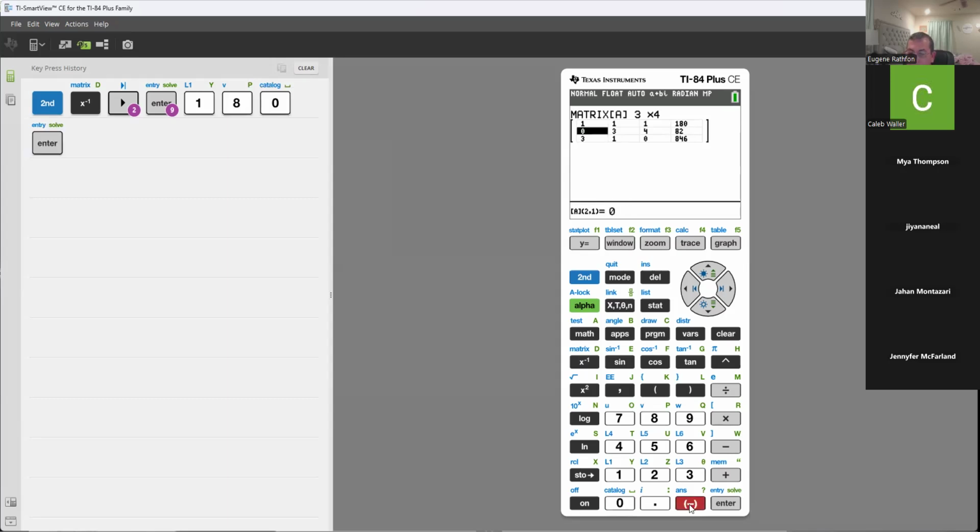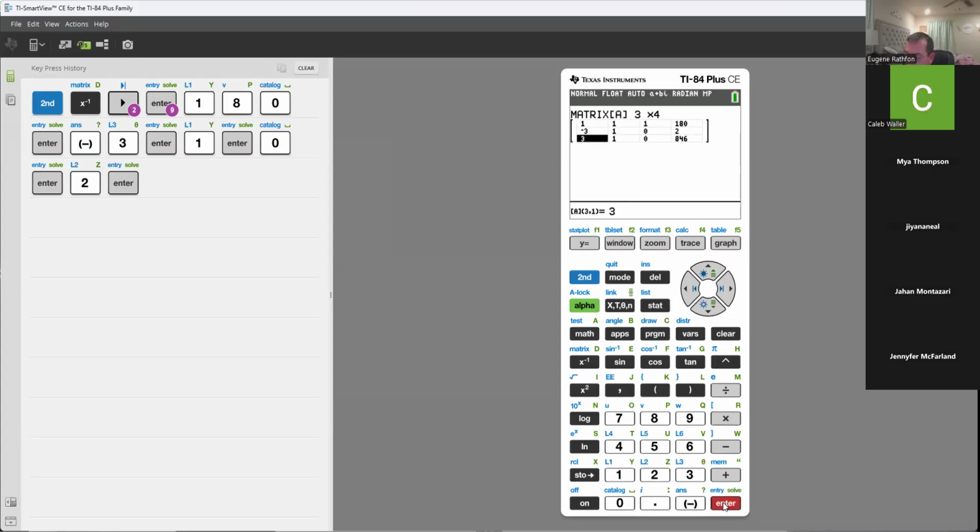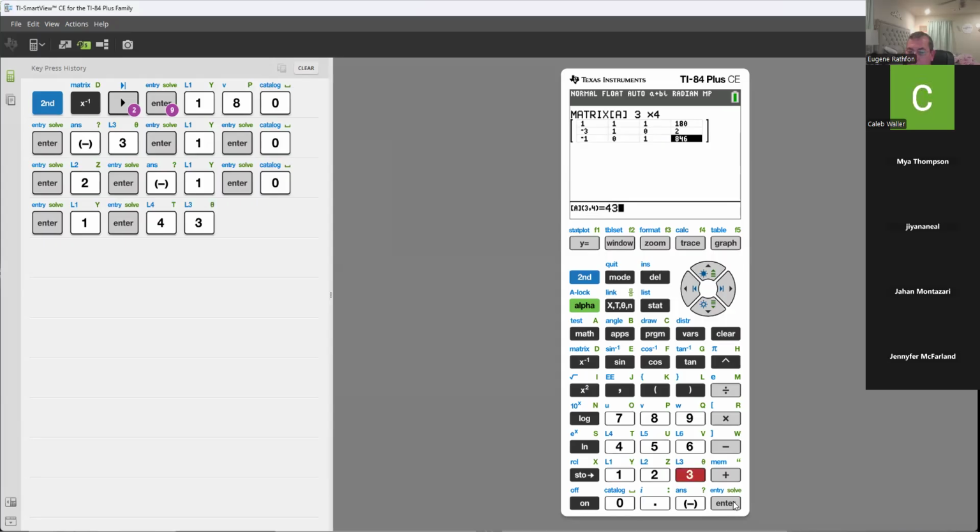Next row, I had -3, enter, 1, enter, 0, enter, 2, enter. My last row was -1, enter, 0, enter, 1, enter, and 43, enter. So you enter all those in. Now, quit the screen. Hit second mode.